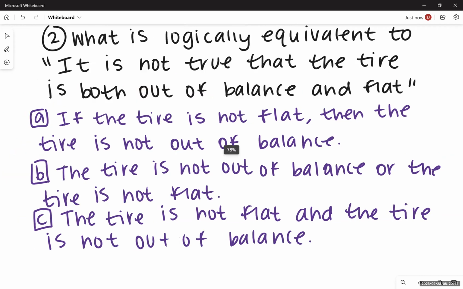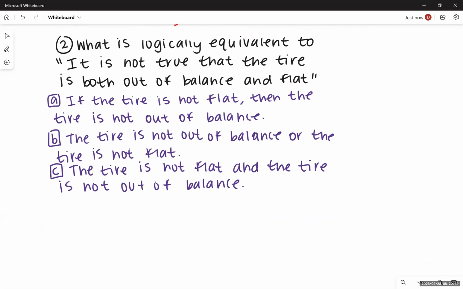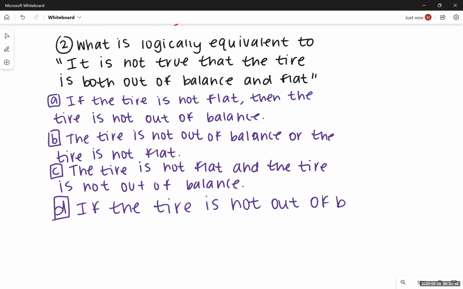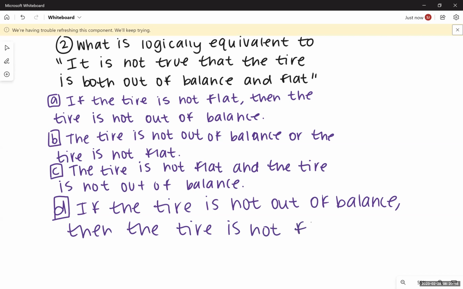I'm gonna have to zoom out, y'all. For D, last statement: if the tire is not out of balance, then the tire is not flat.